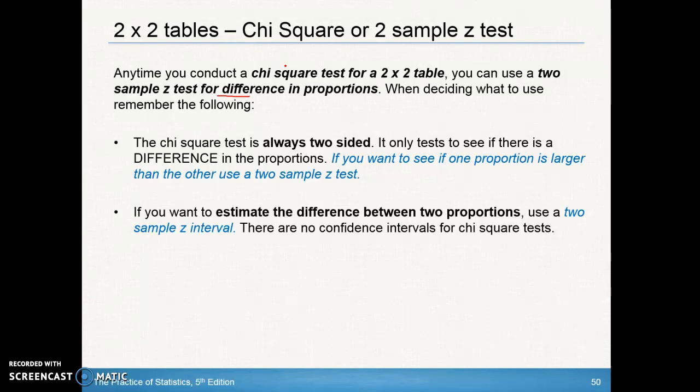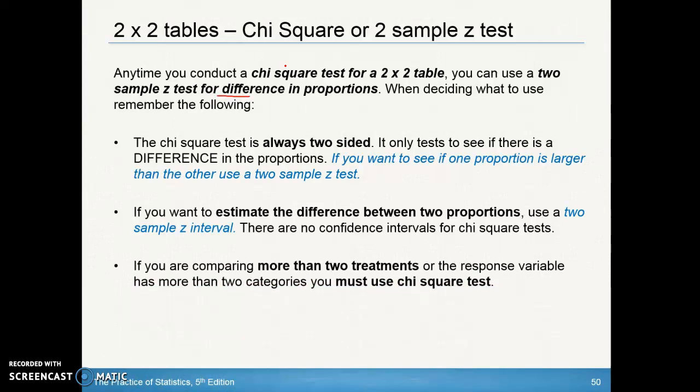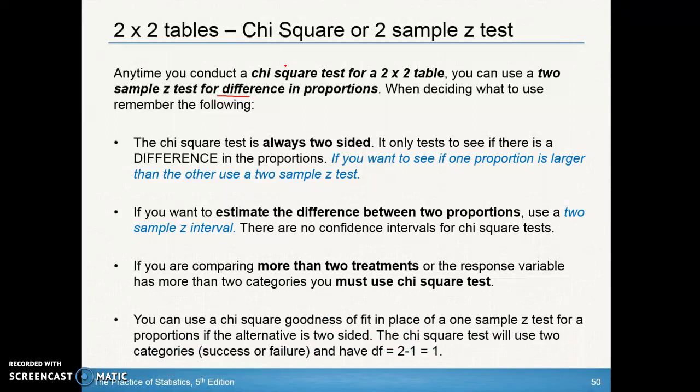If you want to estimate the difference between the two proportions, you have to use a z-interval. So be careful of that wording. If it's asking you to estimate what the difference is, you're using the interval. There are no confidence intervals for chi-square tests. If you're comparing two or more treatments or two or more populations, then you have to use a chi-square test, because the one for proportions only uses two populations.